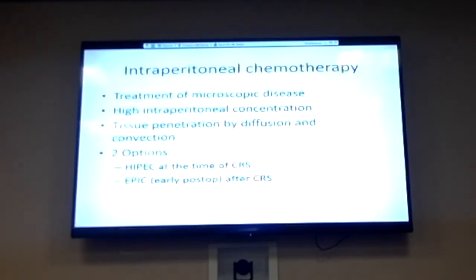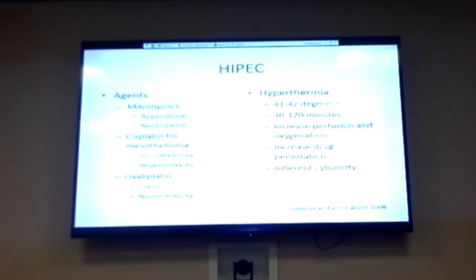The tissue penetration is by diffusion and convection, and then you have 2 options: the HIPEC, which is at the time of the cytoreductive surgery, or EPIC, which is early post-op after the cytoreduction. For HIPEC, there are a whole host of agents that can be used.